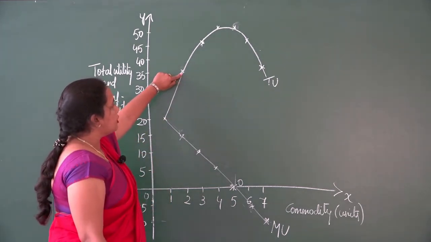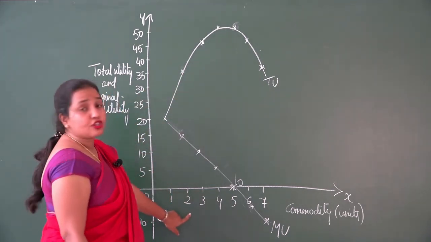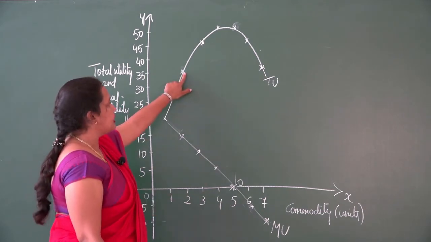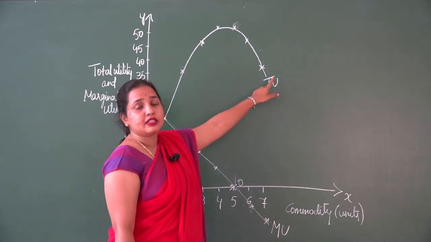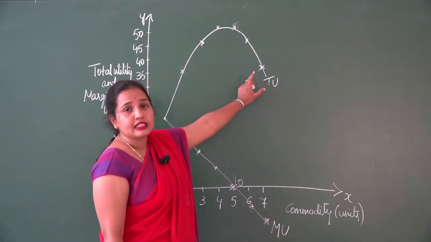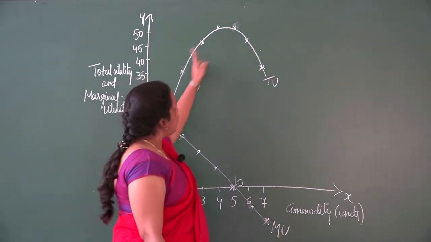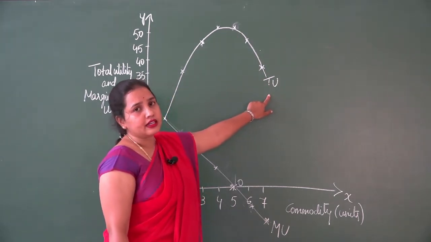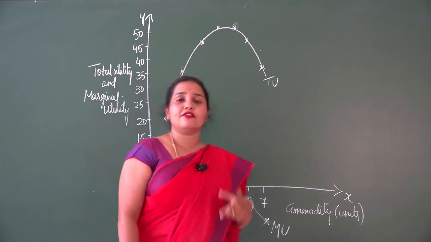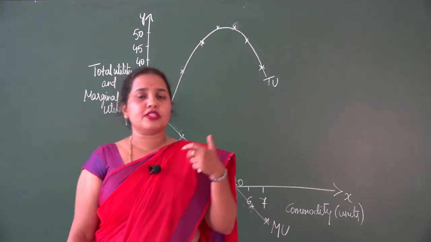Therefore, the total utility derived from the consumption of the second unit is 35. Likewise, you need to plot the points as per the data taken in the schedule, and when you join all the points, we get the total utility curve.